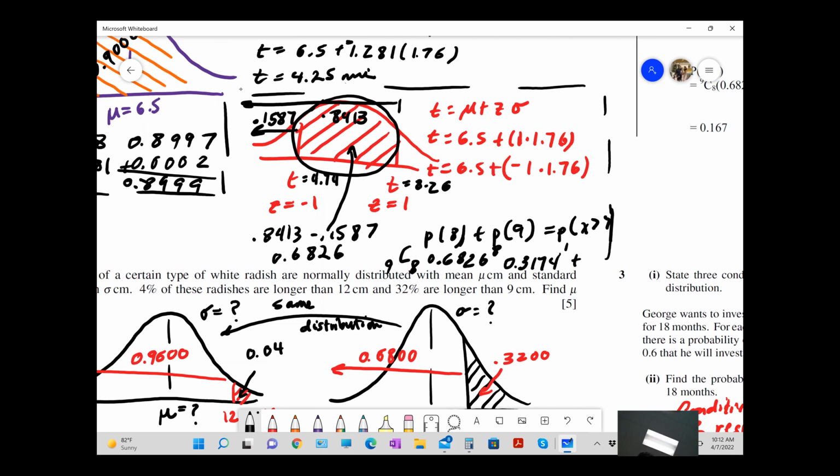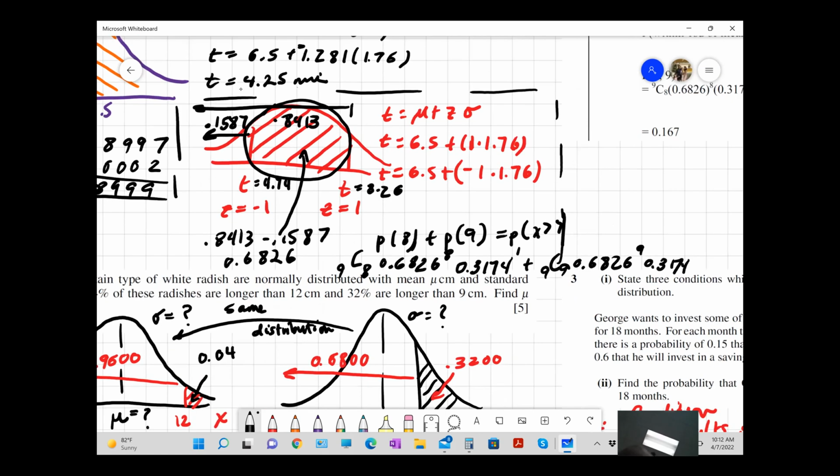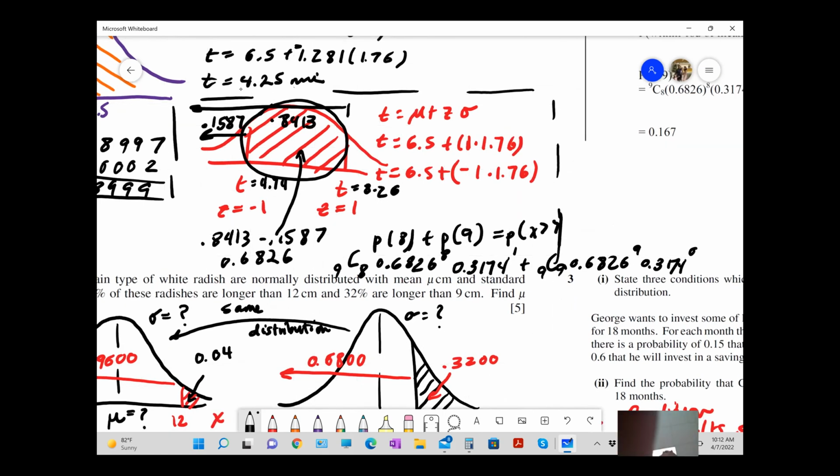And then we add 9C9 times 0.6826 to the ninth, times 0.3174 to the 0. And that's a binomial distribution. And so they compute this here. Now they don't write 9C9 here, but they're supposed to. But what's 9C9? 1. What's 9C8? 9. And they didn't write 0.3174 to the 0 because anything raised to the 0 power is 1.